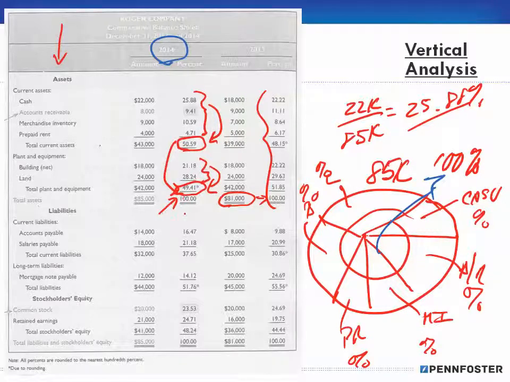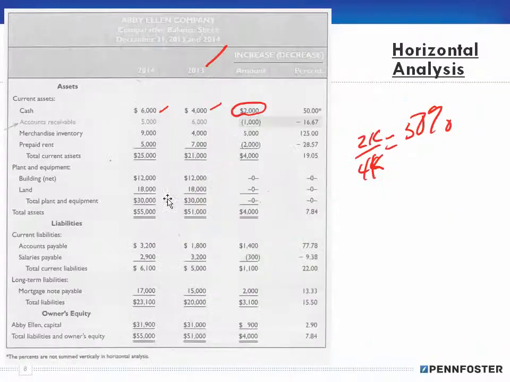Again, those two numbers make 100%. So you are summing them vertically. Whereas when you're looking here at the horizontal analysis, you are not summing vertically. If you add these up, it doesn't total to 7.884 like you saw in the previous one. So when you're using horizontal analysis, you're not summing them.